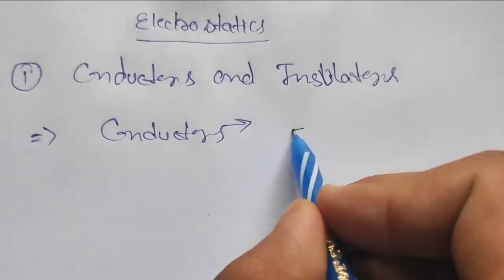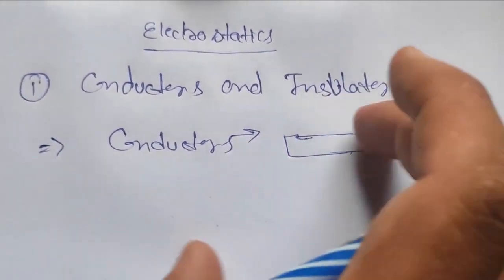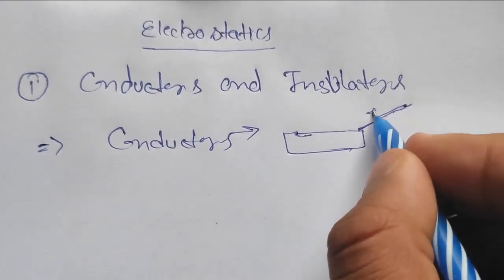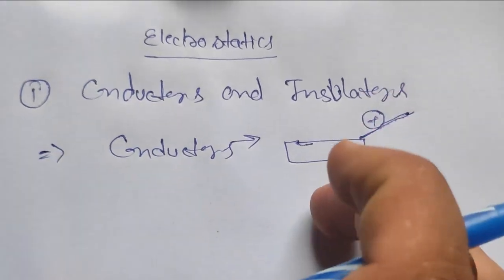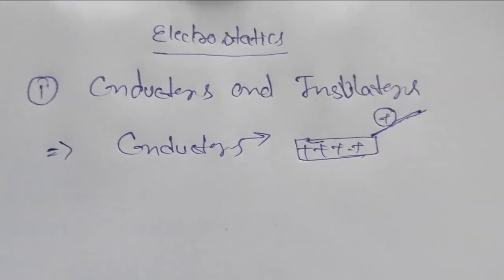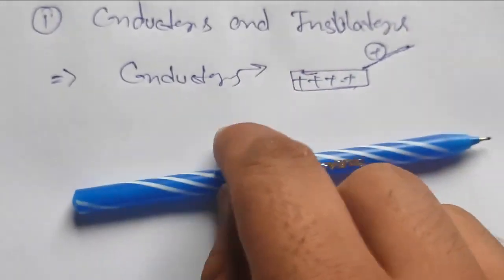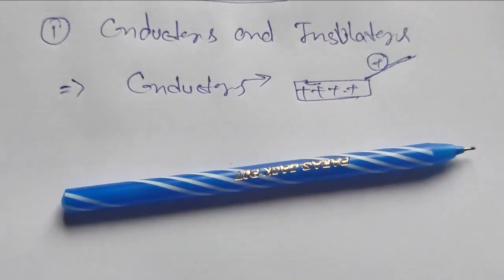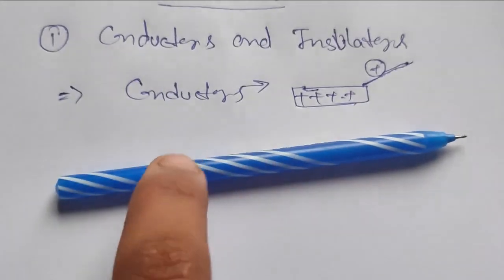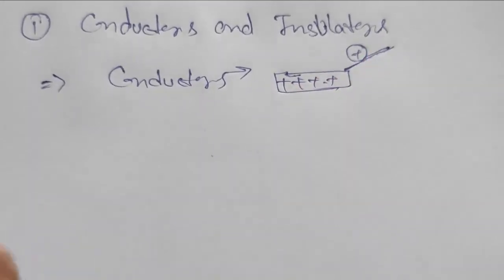For example, this is a metal rod or a copper pipe. If I attach a wire which has a positive charge, the conductor allows the charge to flow through the wire. If my finger carries a positive charge and I touch the conductor, the conductor now also has a positive charge, and the charge is allowed to follow the path.